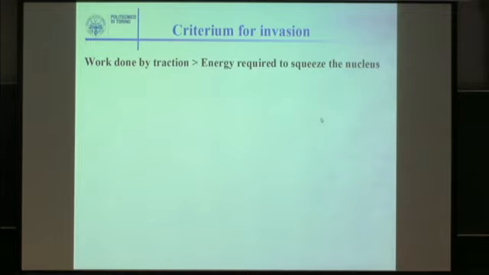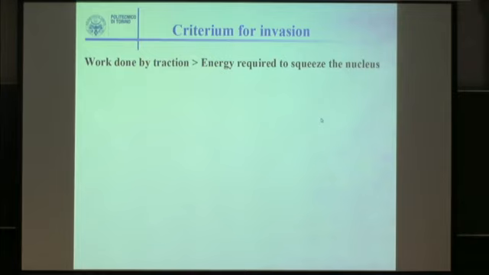Okay, so without entering into details, the main assumption is the following. In order to squeeze the nucleus inside this microchannel, the cell has to do some work. Okay, and the work that needs to be done by the traction forces needs to be larger than the energy required to squeeze the cell. Okay, as simple as that. This is a necessary condition. It's not sufficient, because in principle you could have some bottleneck on the force, not on the work.